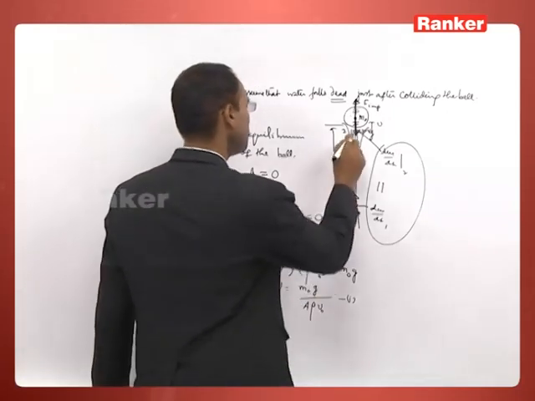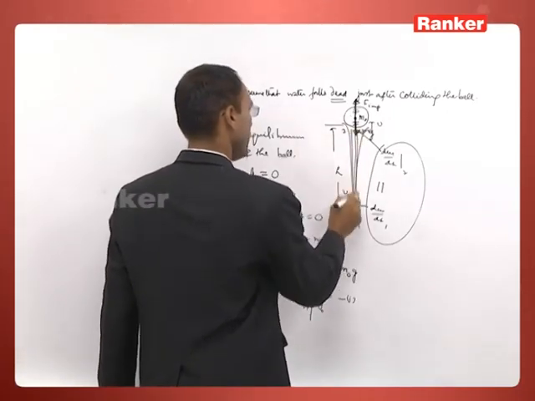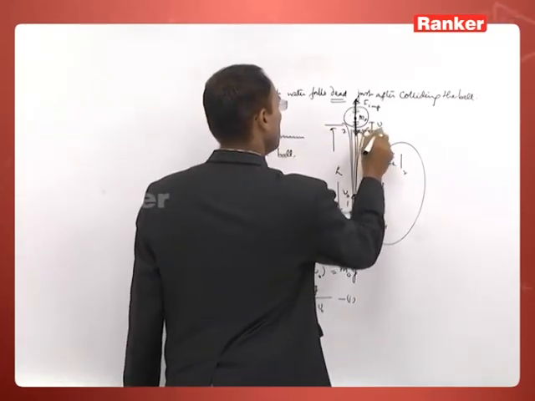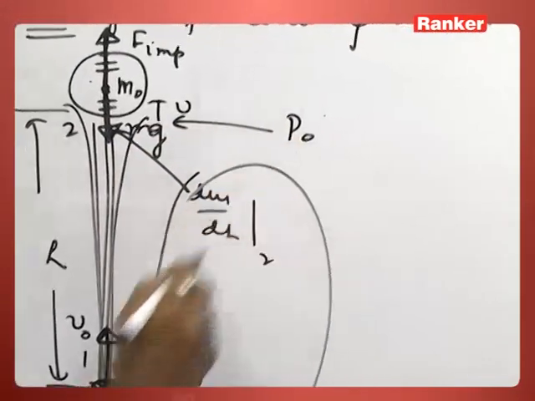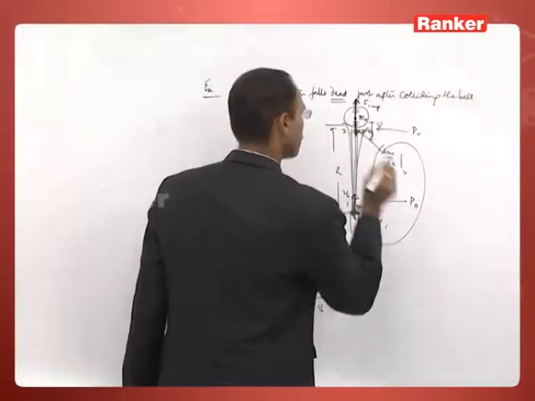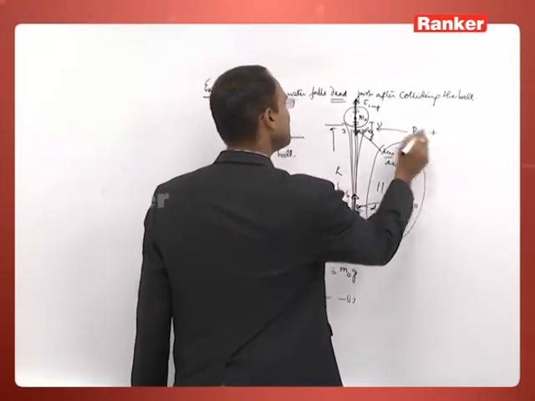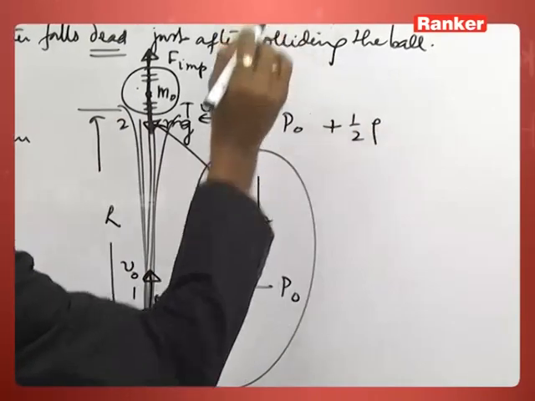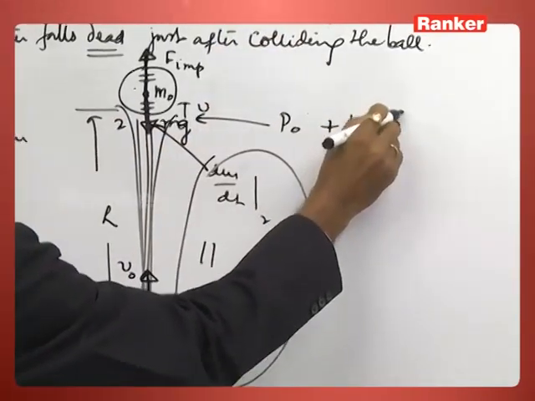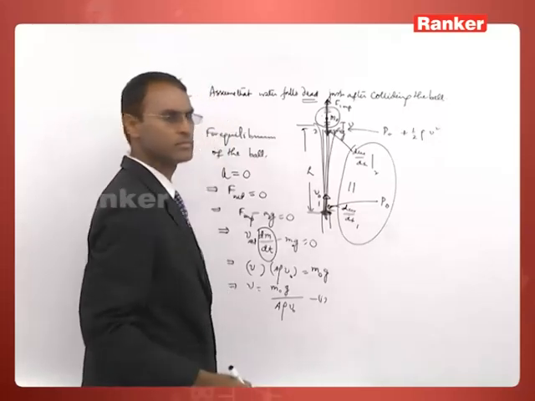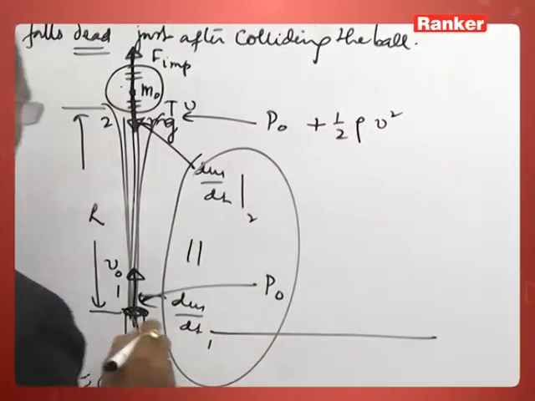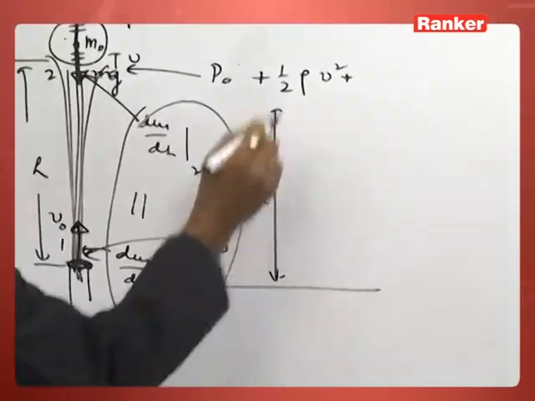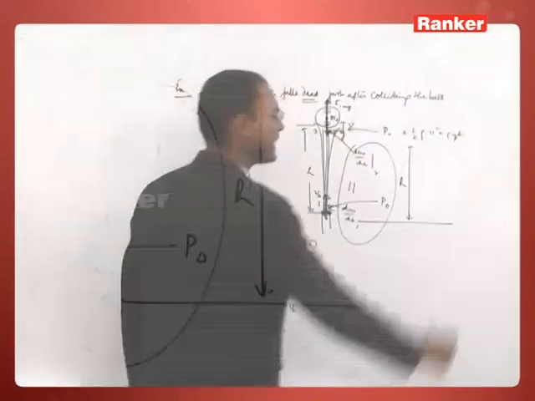Applying Bernoulli's equation at these two points, here pressure is atmospheric pressure, here pressure is atmospheric pressure. Here kinetic energy per unit volume is half rho v square. With respect to this point, the gravitational potential energy per unit volume is rho gh.